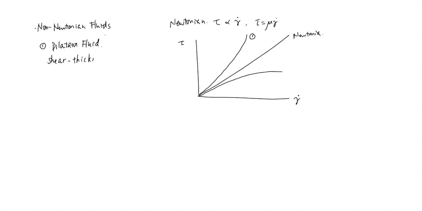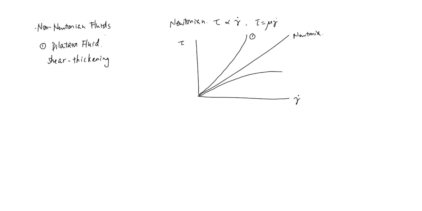Shear thickening. What it means is, if you look at the Newtonian, as the gamma dot, the shear rate, increases, the shear stress increases proportionally, so it remains on a straight line.